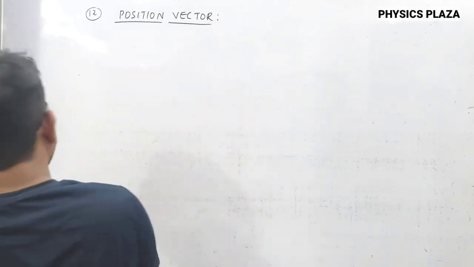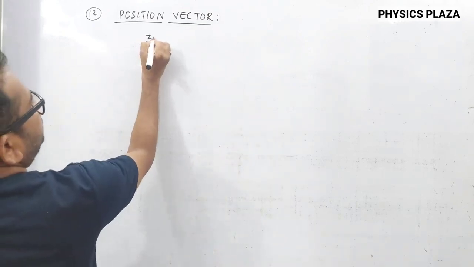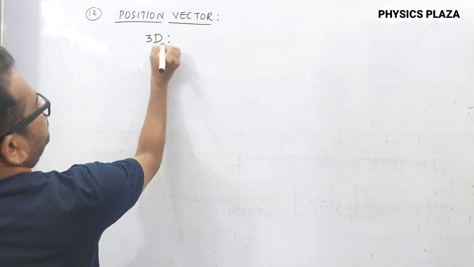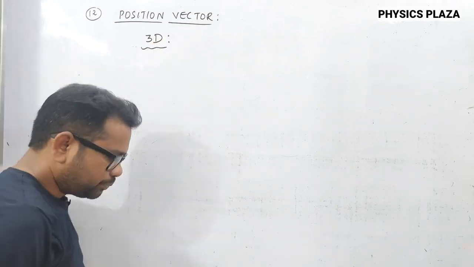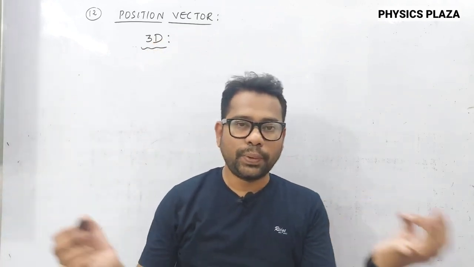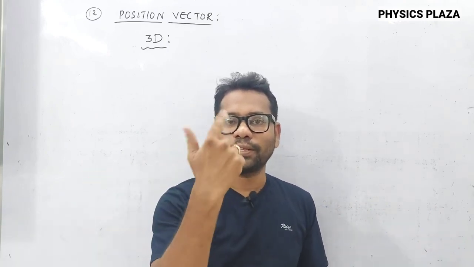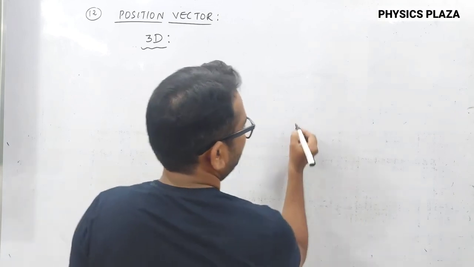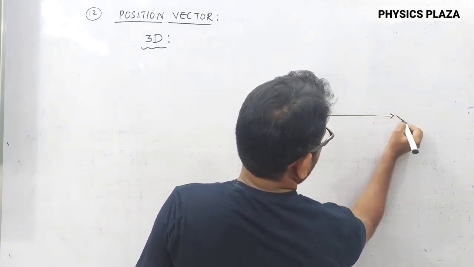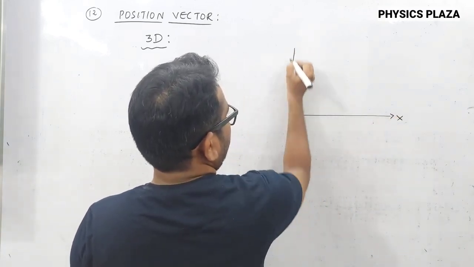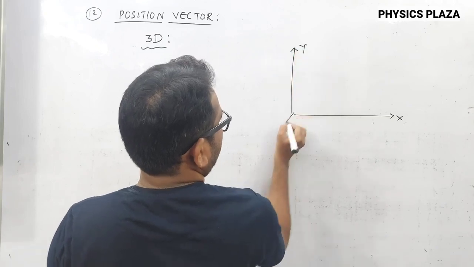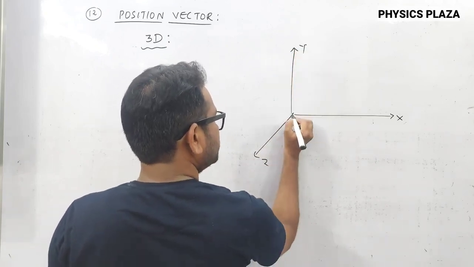Fine, children. So now we will see the position vector in 3D. For this, for example, one particle is there in space. Space means what, children? We need to see along the x-axis, y-axis, z-axis. Okay, now fine. So look here. Let us say this is the x-axis, here is the y-axis, and here is, let us say, the z-axis, and this is the origin, children.